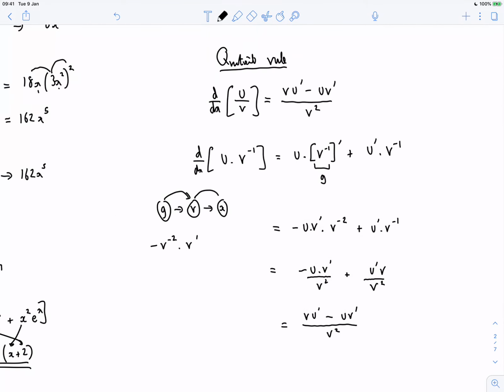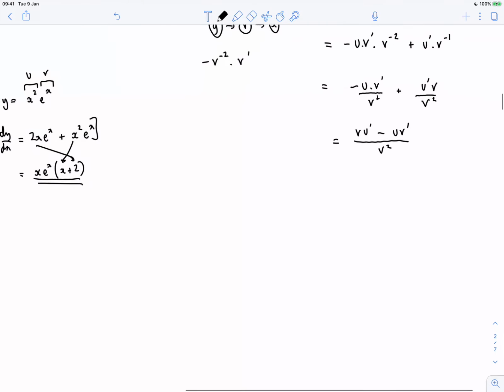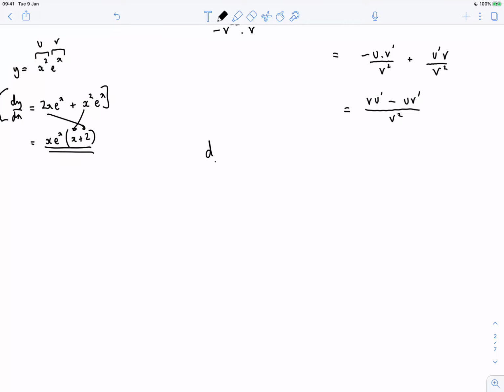I can go through an example of that, but essentially, if you want to get it right, you plug your u in, you find out what u dashed is, you find out what v is, you find what your v dashed is, and then you just plug it into the formula. I'll do it really quickly. Let's suppose I want to differentiate sine x over x.